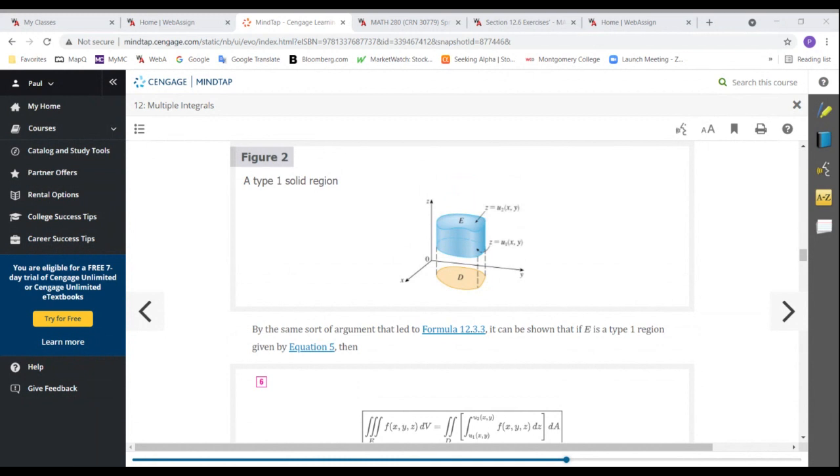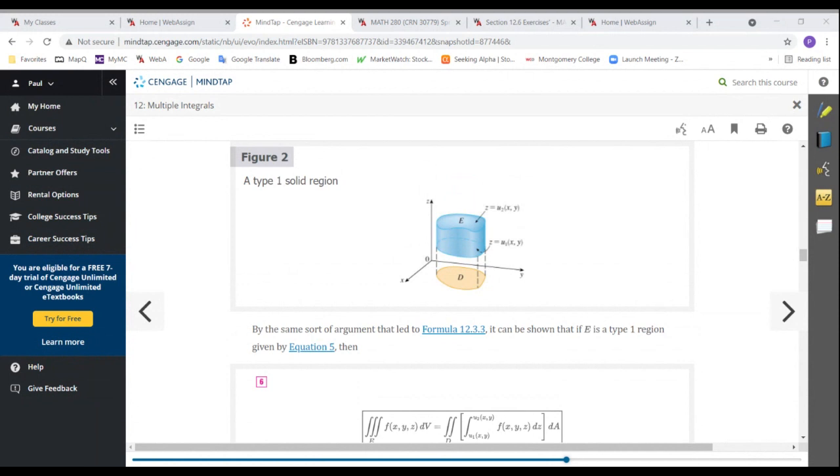You have a solid in space. How do you bound the solid? You can bound it by having a surface above and a surface below. That's what those U2 and U1 functions are. The U2 function is the bounding surface above, and U1, a function of x and y, is the bounding surface below.